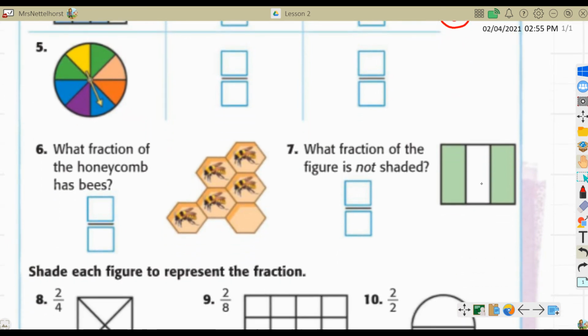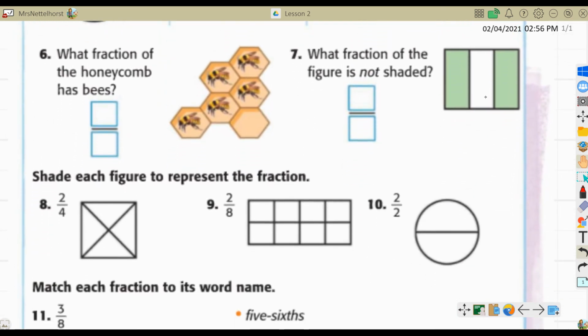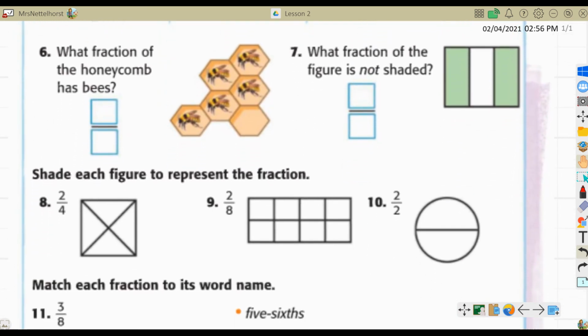Okay, then what fraction of the honeycomb has bees? So you're going to write that fraction. And what fraction of the figure is not shaded? Let's highlight that now so that we remember that it is not shaded, so we don't miss that.